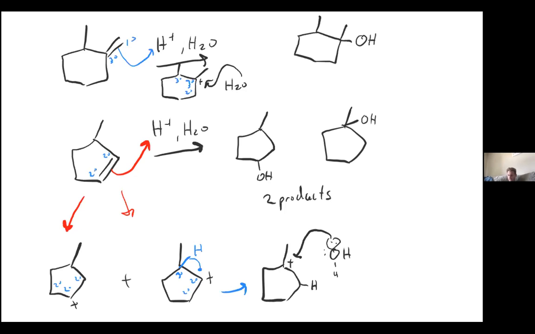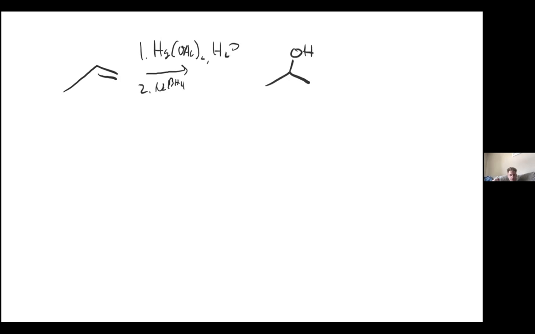Okay, our next couple are pretty straightforward. We're just doing something similar to what we were doing with HBr and HBr and peroxide, but now with a different set of reagents. So if we take mercury acetate and water followed by sodium borohydride, this is kind of like our HBr equivalent.